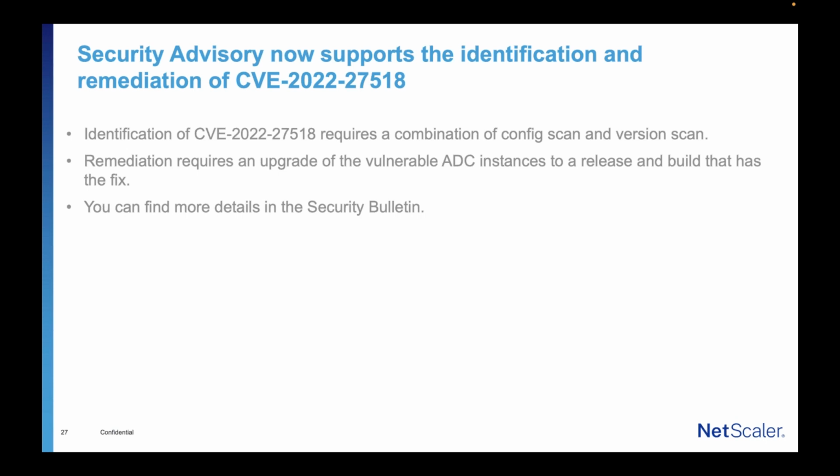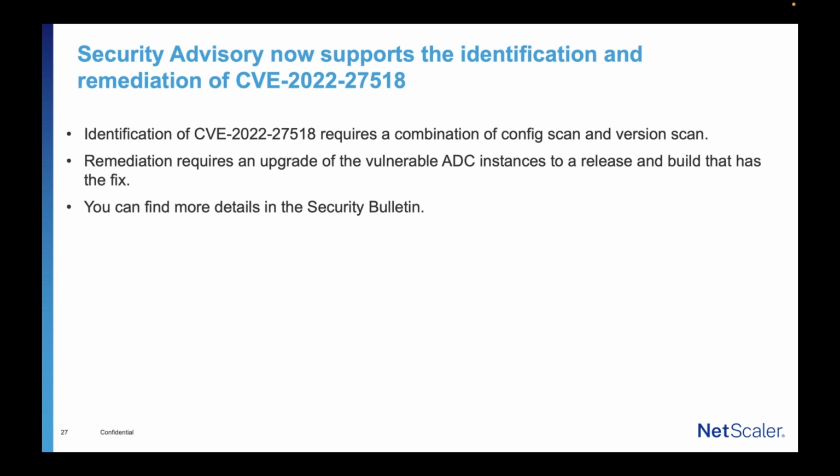So for this particular CVE, we are using a combination of config scan and version scan to identify whether your NetScalers are vulnerable or not. And to remediate your vulnerable NetScalers, you need to upgrade to a release or build that is fixed. For further details, you can go through the security bulletin.